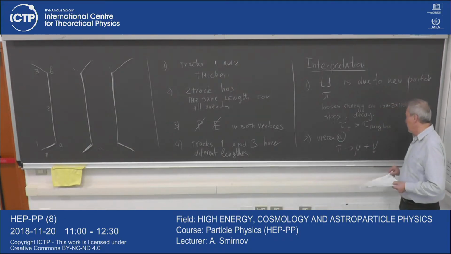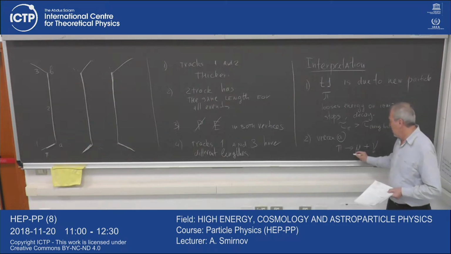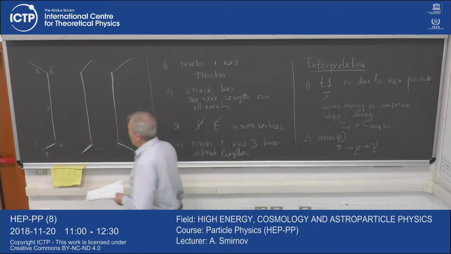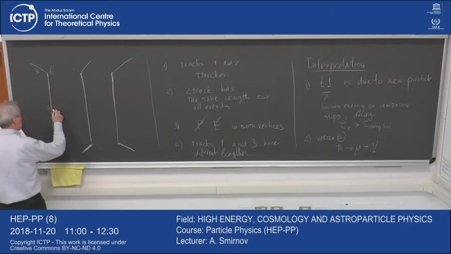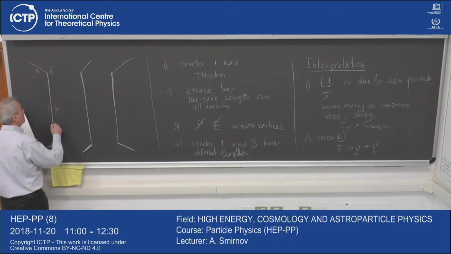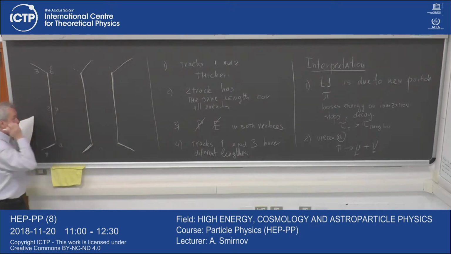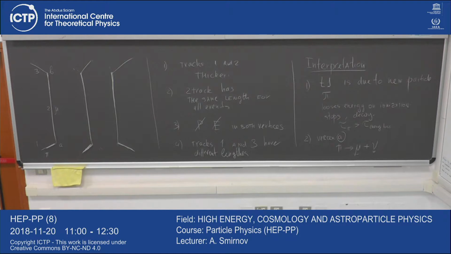One of them a neutrino and another one a muon. So the second track can be identified as a track of a muon. It's quite long, and also you see it becomes wider in the end, which means that it loses energy on ionization.